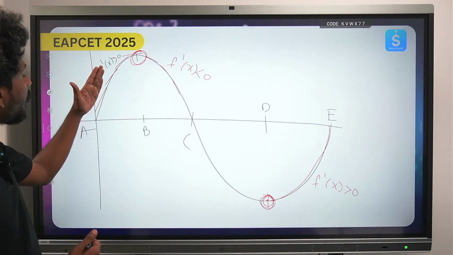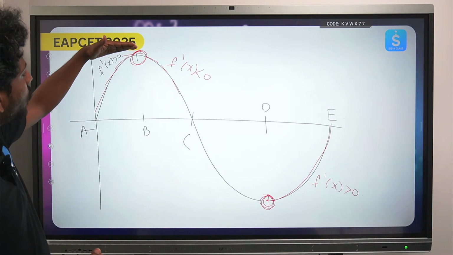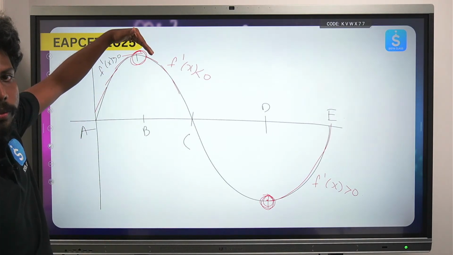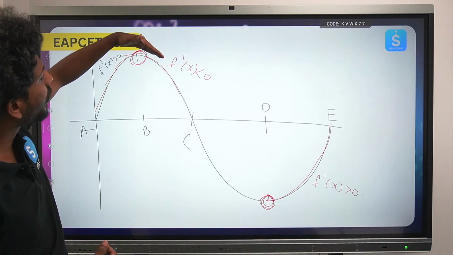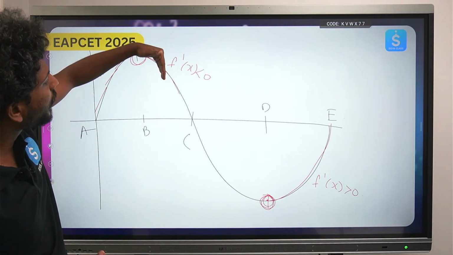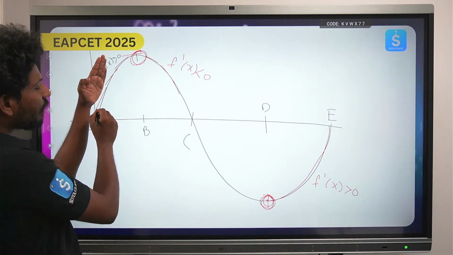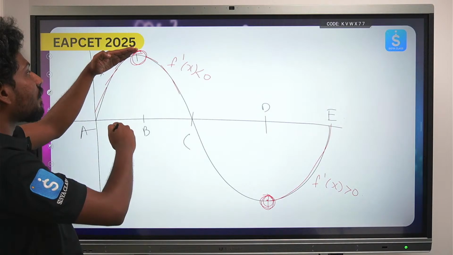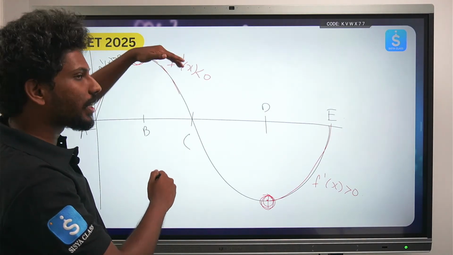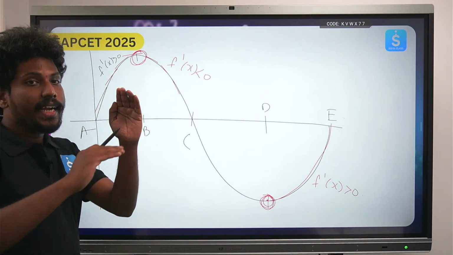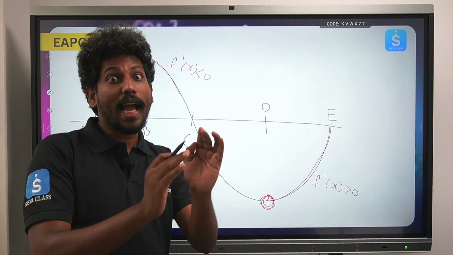Suppose here it is 45 degrees, for example, here 30, here 20, here 0, and then it goes into negative: -10, -20, -30, -40. If you see, from the starting 45, then 30, 25, 10, 0, -10, -20, -30, the rate at which these angles are changing is actually decreasing.